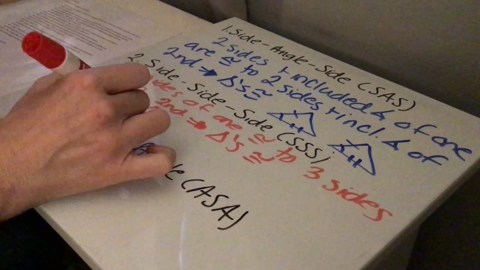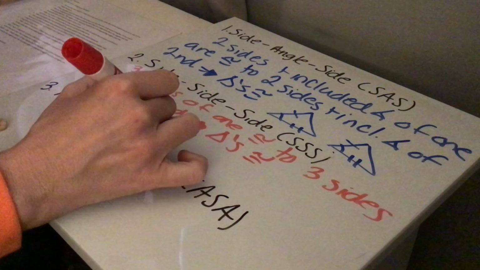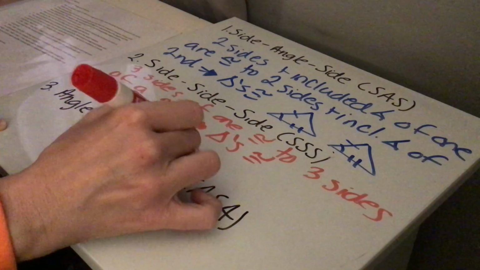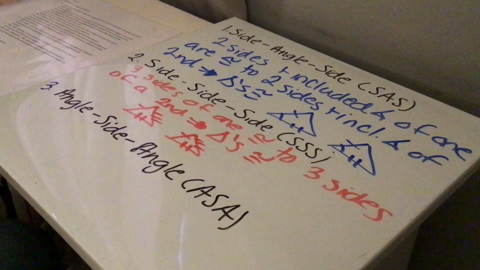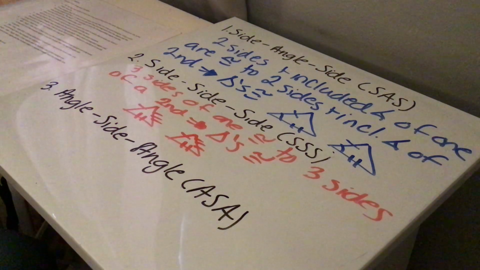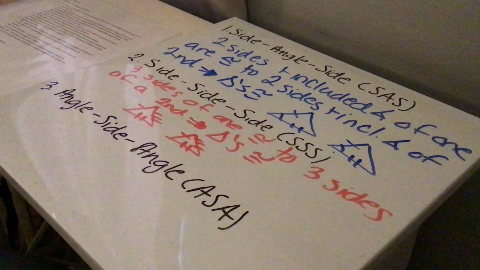So side, side, side, congruent to side, side, side, then the two triangles are congruent. Okay? And last, angle, side, angle.